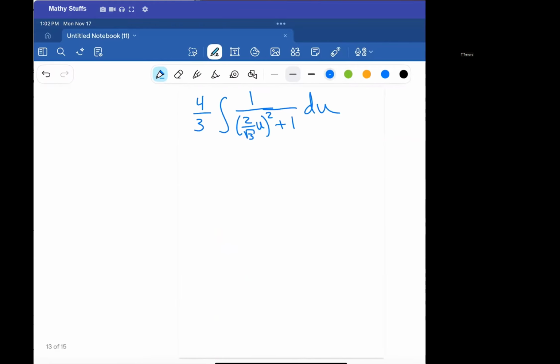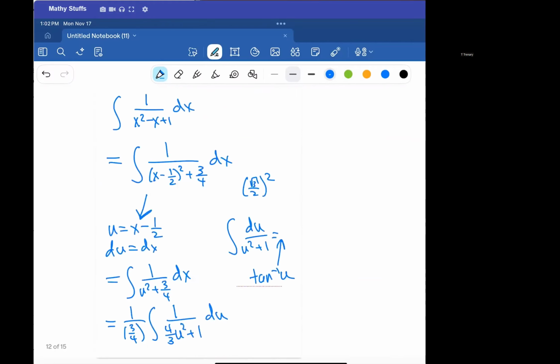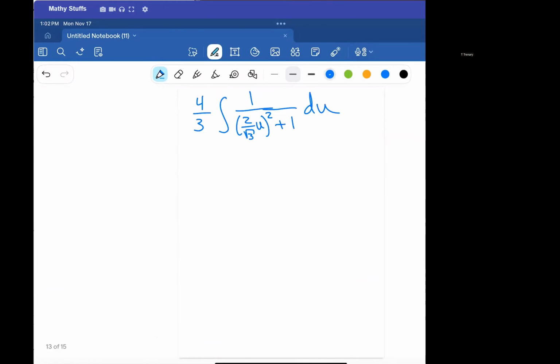So think about what we had before. Look at how I rewrote it. The reason I did this is because I'm going to use a new substitution. I'm going to say let u prime be 2 over square root of 3 u. So I'm not doing parts, I'm doing substitution. And then du prime is 2 over root 3 du.